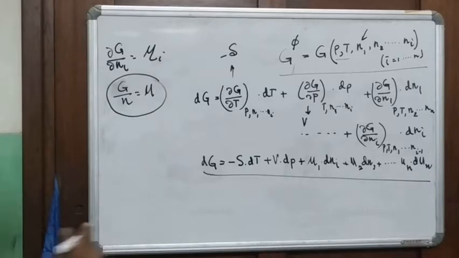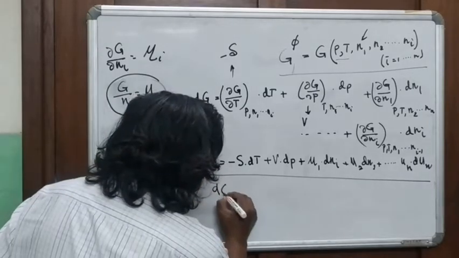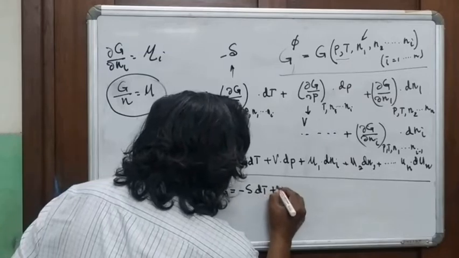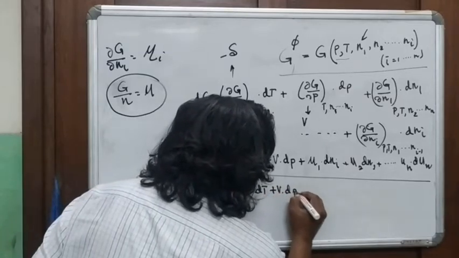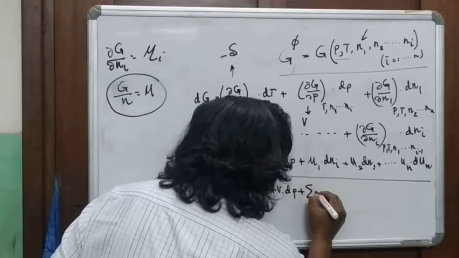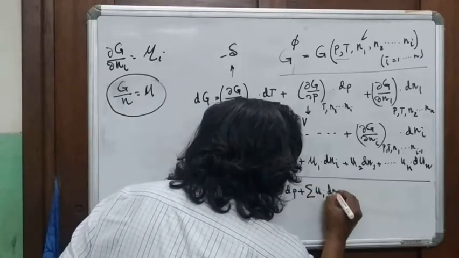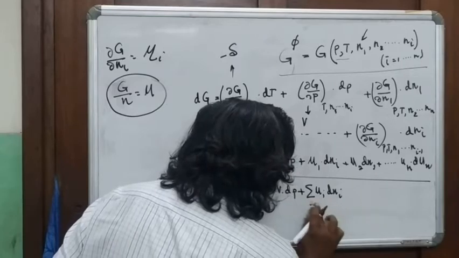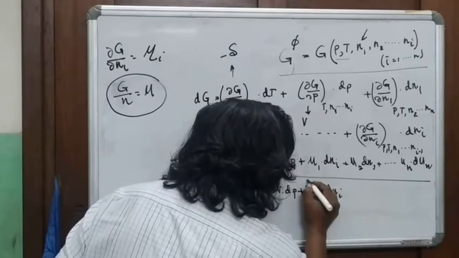So essentially what we can write is dG is equal to minus S dT plus V dP plus sigma mu i dni, where i is equal to 1 to n.